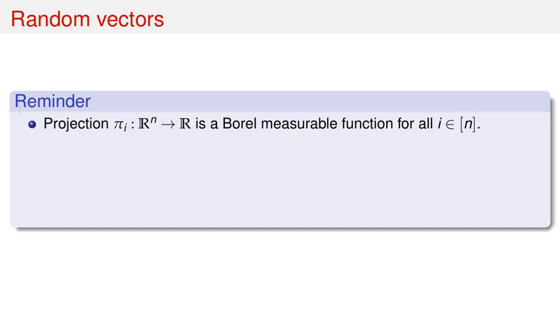Here are a couple of reminders related to this. First, the projection function P sub I mapping from R to the n to R is itself a Borel measurable function for all I from 1 to n.